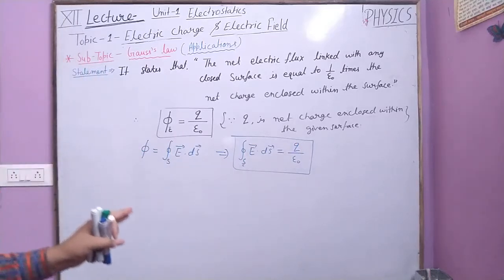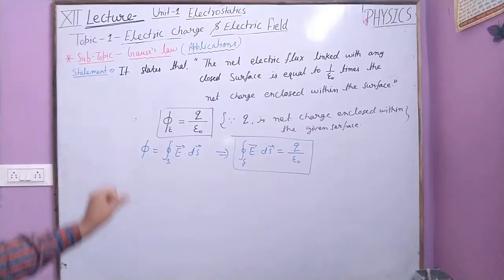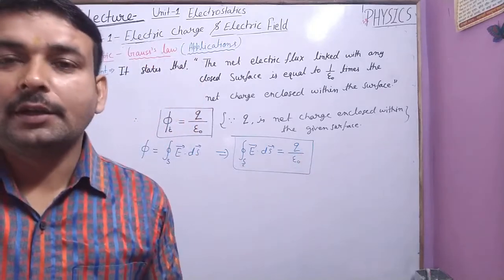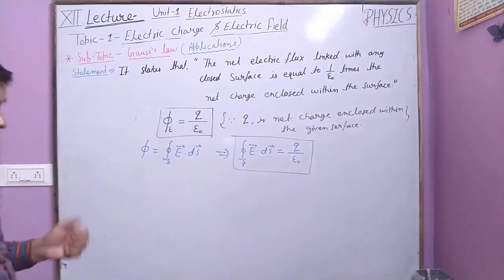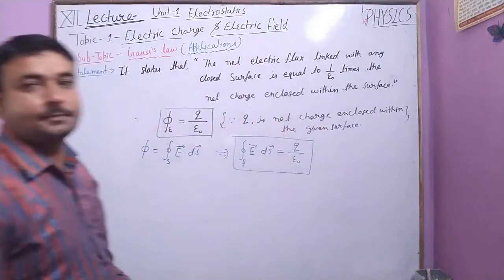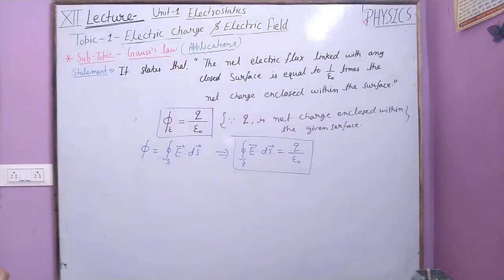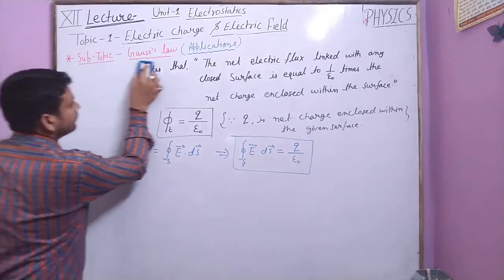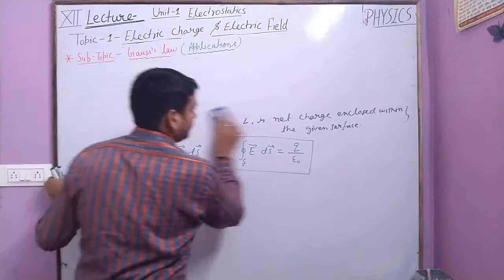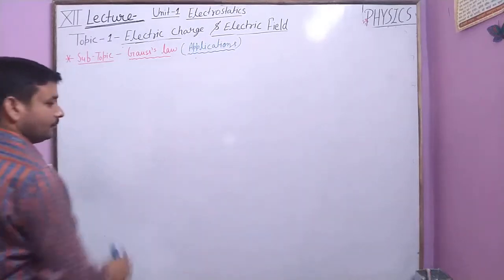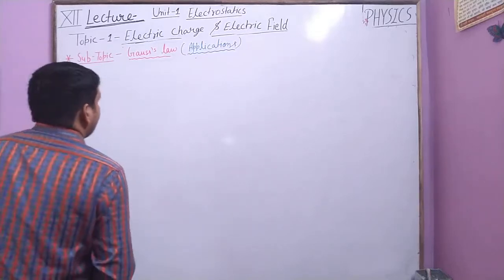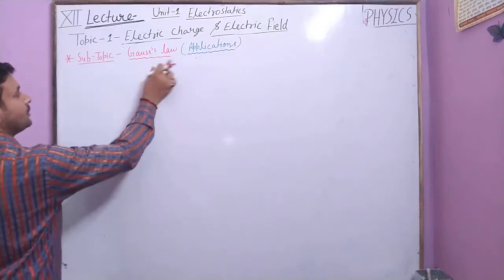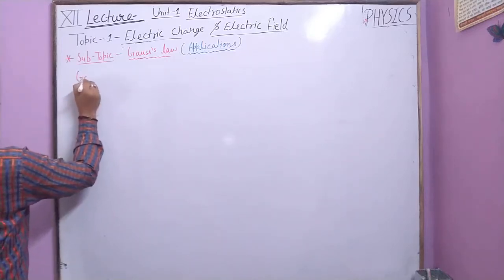Okay, now we understand the kind of surface for which we can calculate using Gauss's law. The surface for which we can calculate the electric field by using this Gauss law is the Gaussian surface.